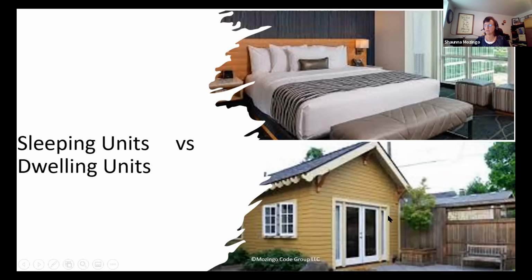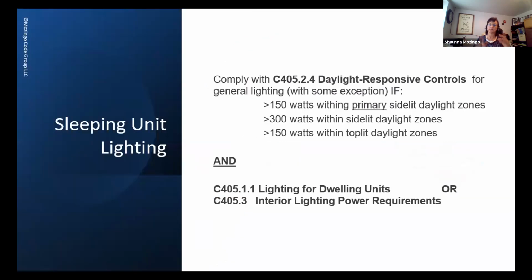So just because I have a bed in my dwelling unit does not mean that I count that bed as a sleeping unit. It's all part of the dwelling unit. So as we go through and talk about the requirements for sleeping unit lighting, we're talking about those R1s, like hotel or motel rooms or hospital rooms or different things for that. So making sure that we keep those separate.